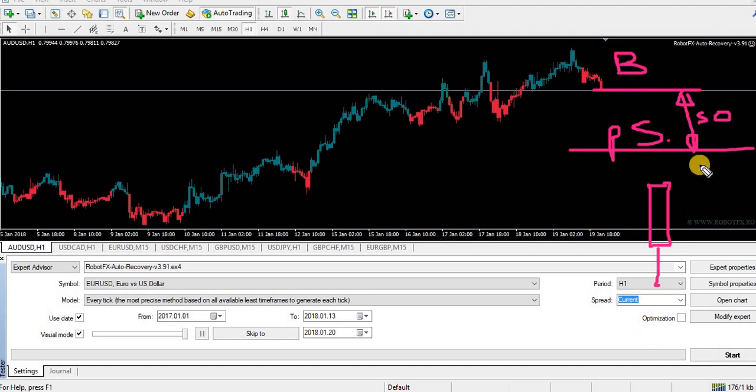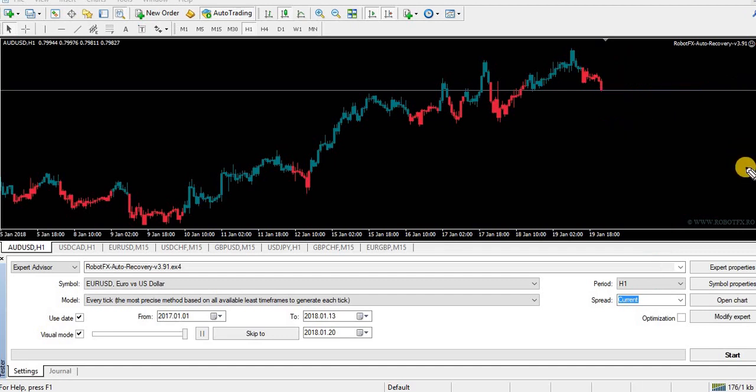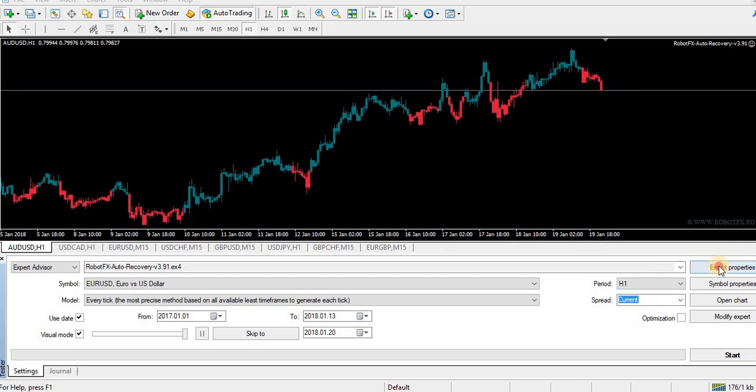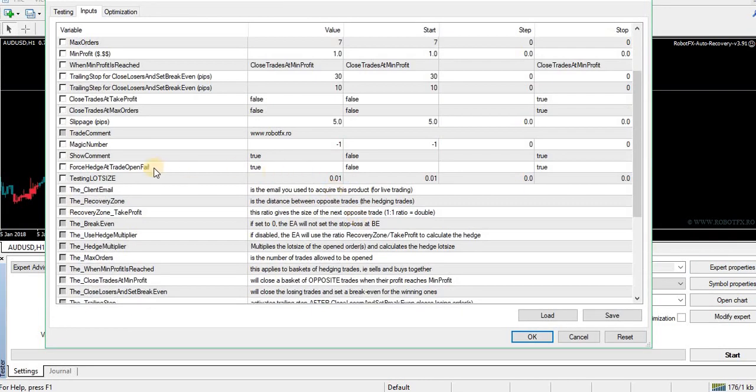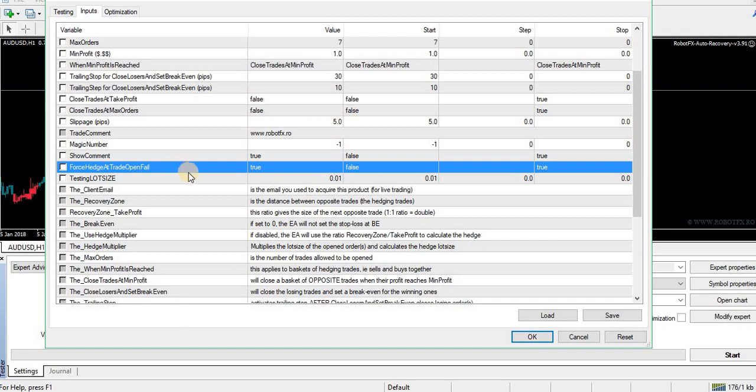If that option is set to true, then the expert advisor will hedge right here at the opening, when the market opens. Basically, it will cancel this pending order and open a sell with the same sell hedging lot size. This is what that option does, which was again force hedge a trade open fail.